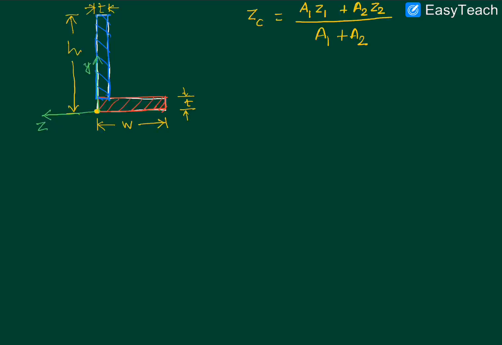I think it will be better if we denote this by y dash and z dash, so that our Z1 will be actually Z1 bar and Z2 bar here.